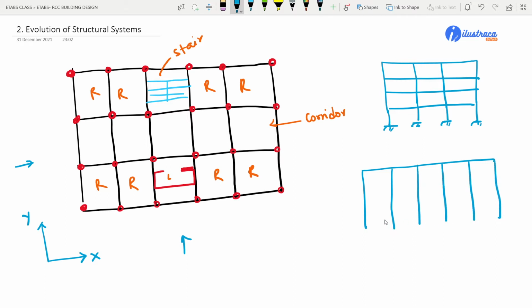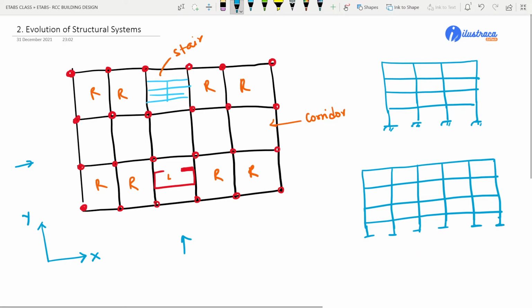These are the fixed joints I'm considering.